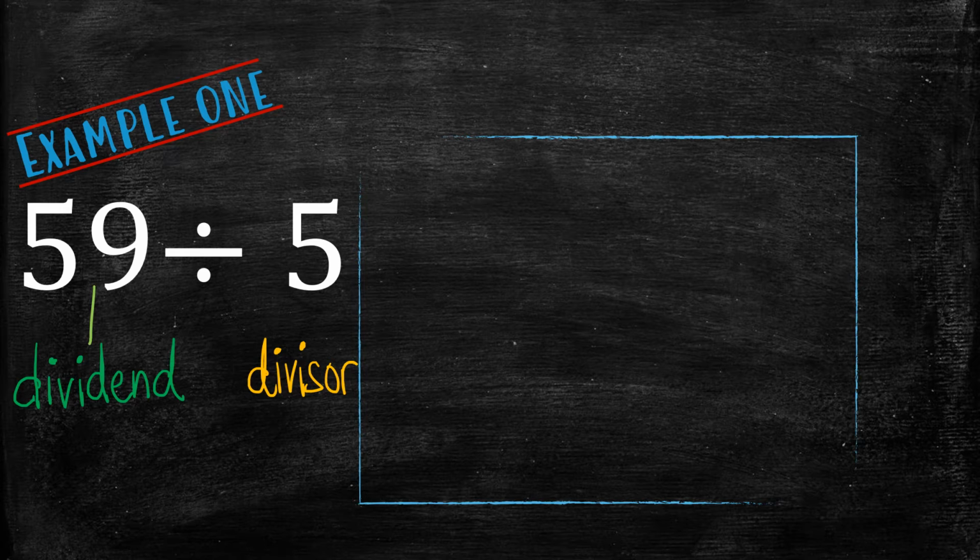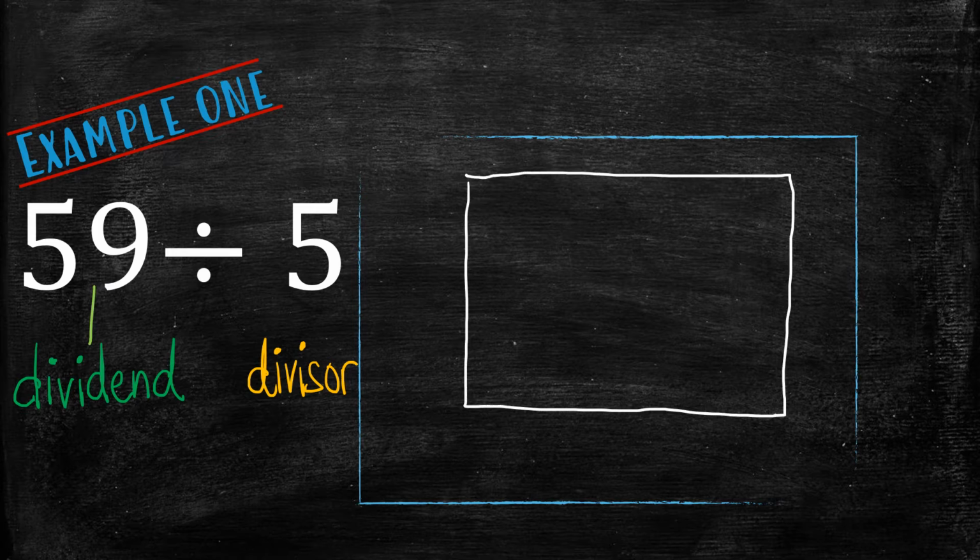First thing first, using the dots and box method, we're going to draw a box. I'm going to draw a nice big box, and in that box, I'm going to write my dividend on top of it like this. And I'm going to draw a line in between the 5 and the 9.